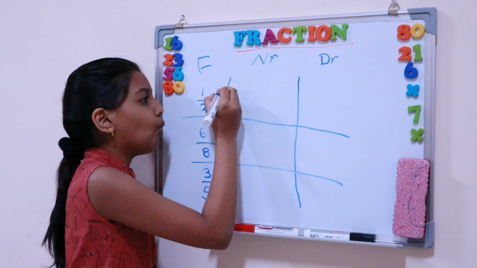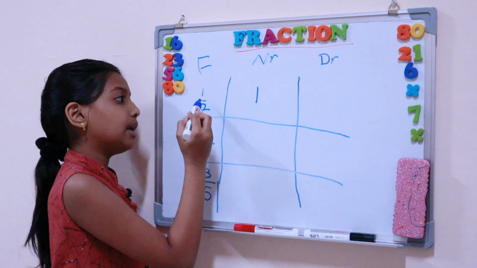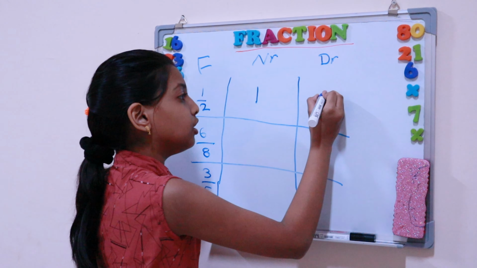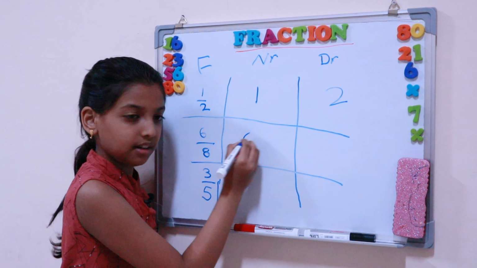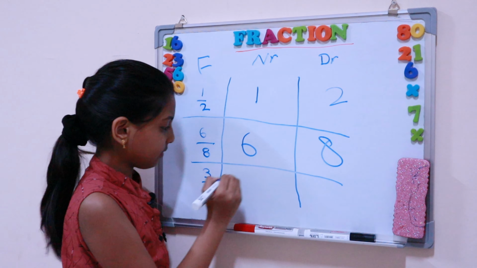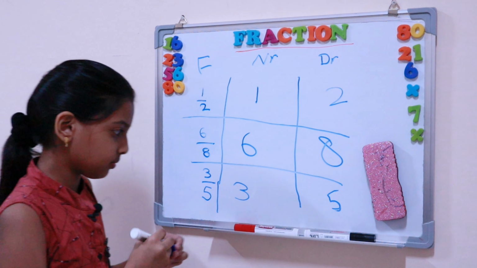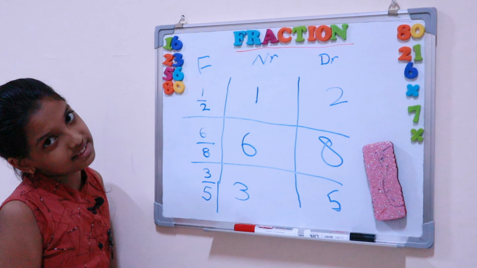So, we keep 1 in the first column and the number below the line is called the denominator. So, we write 2 over here. Just like it, we write 6 over here, 8 over here, 3 over here and 5 over here. See, these are the answers for the questions.